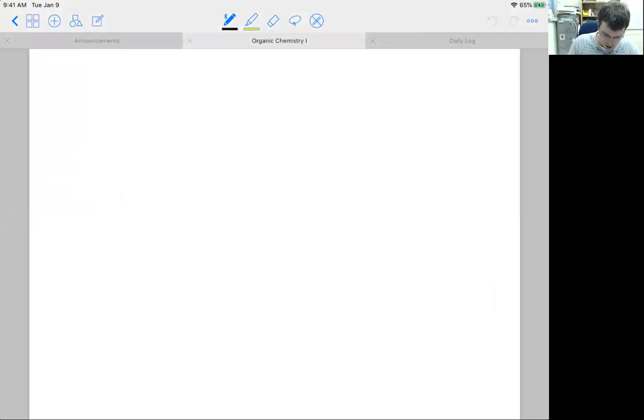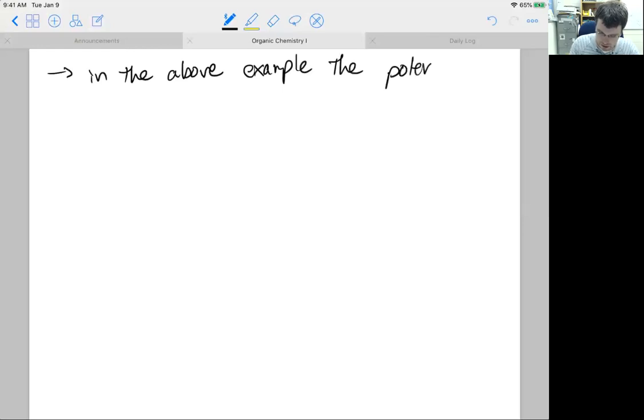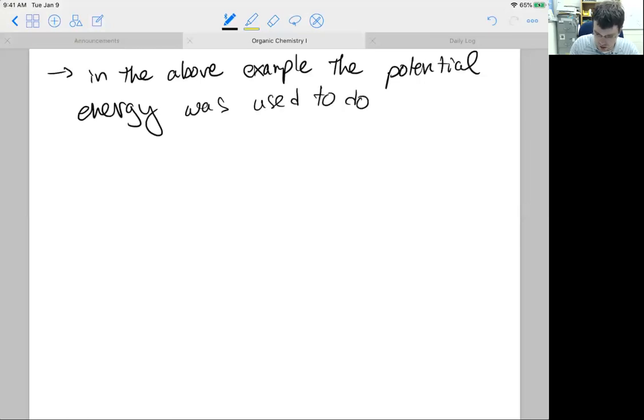Okay, so what's the takeaway here? In the example above, the potential energy was used to do work.